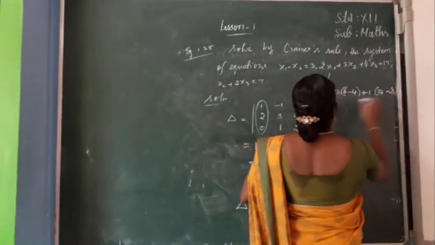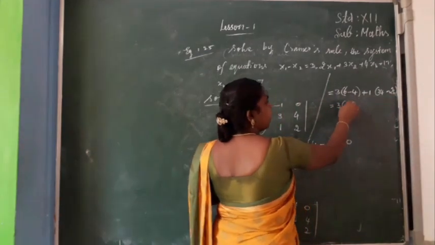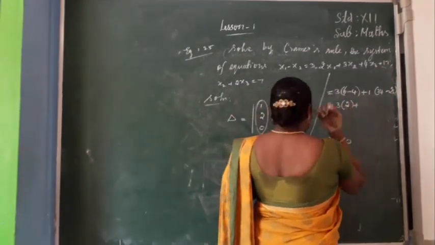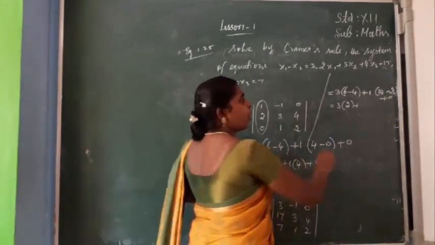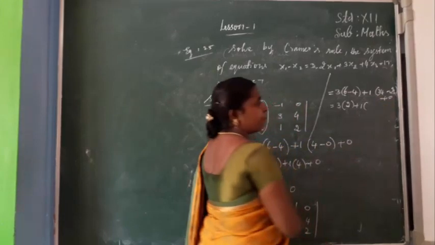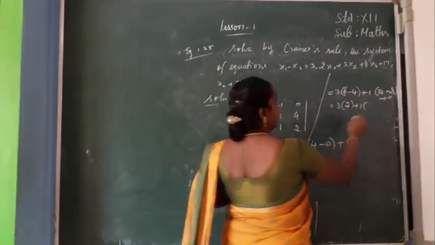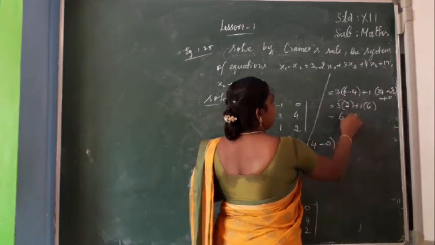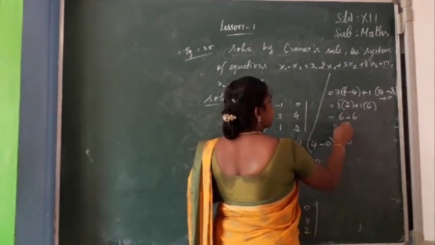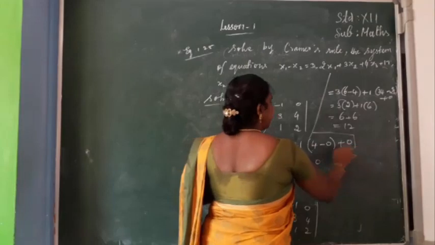Next 3 into 6 minus 4 is 2, plus the last term 0. Plus 1 into 34 minus 28, which is 6. Then 3 twos are 6 plus 1 into 6 is 6. So 6 plus 6 is 12. So we got the delta 1 value.